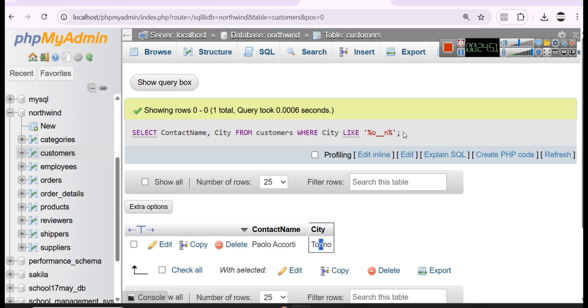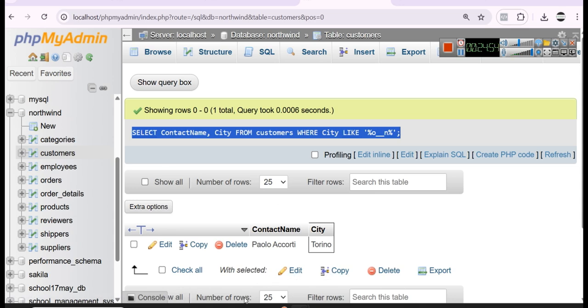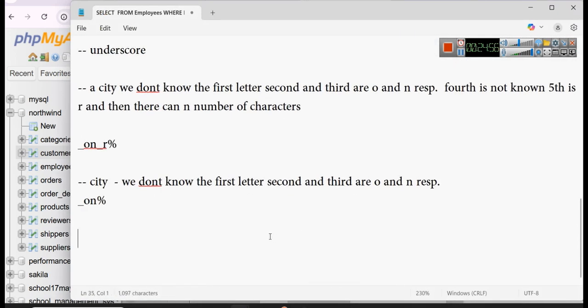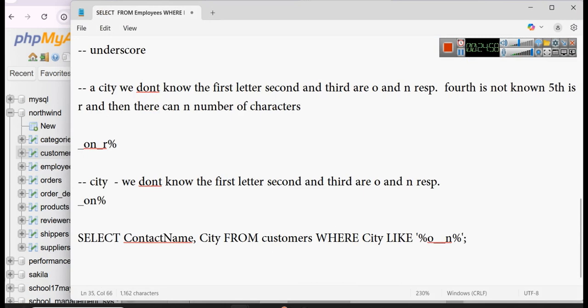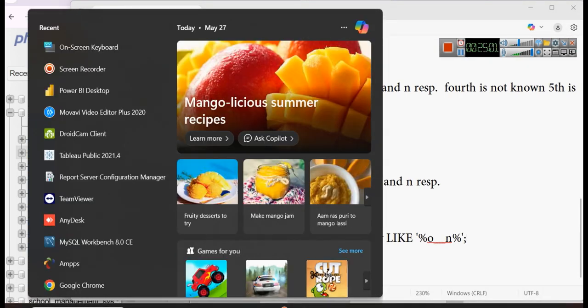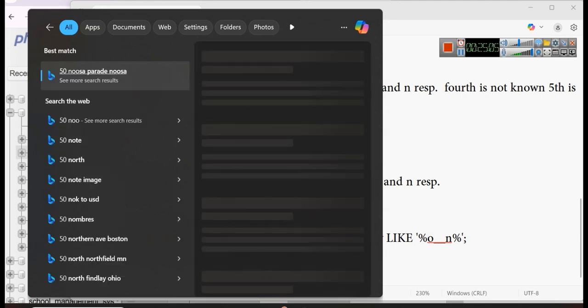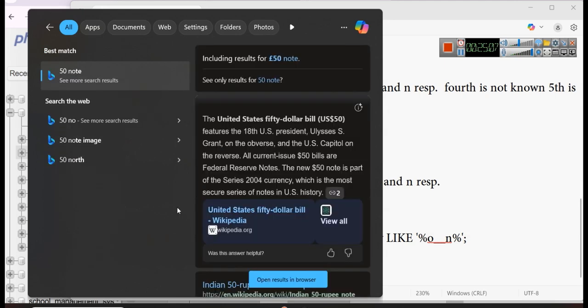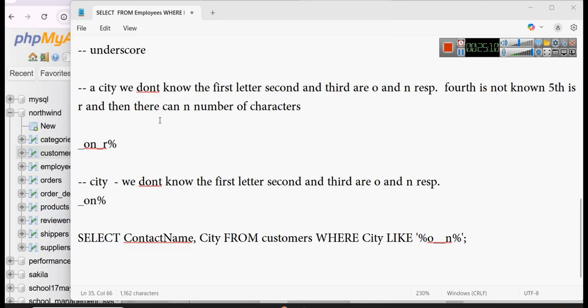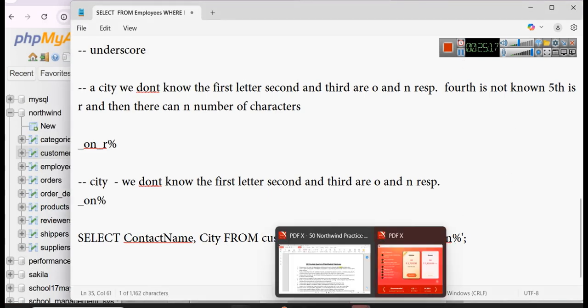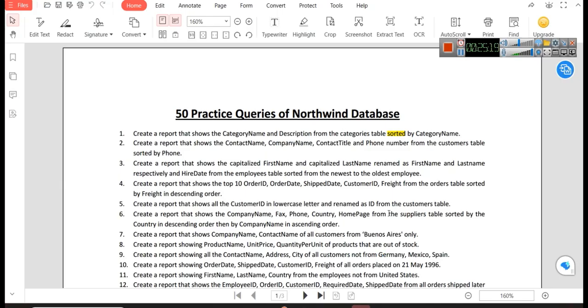So this is our question, and here you have the answer. Now, if you remember the 50 questions that I gave you, let's open them. Sir, which underscore is used for finding the letter? Yeah, underscore means exactly one character as a wildcard.